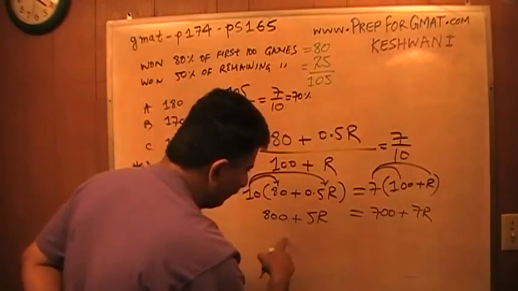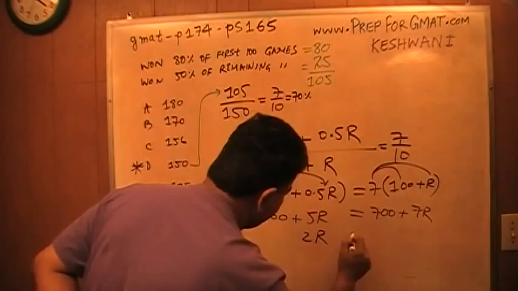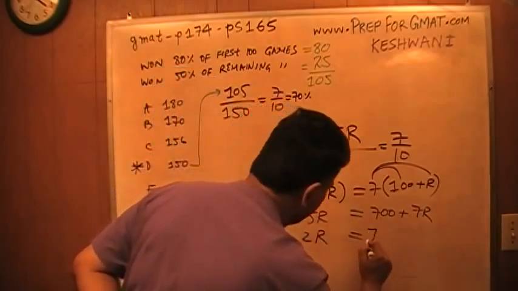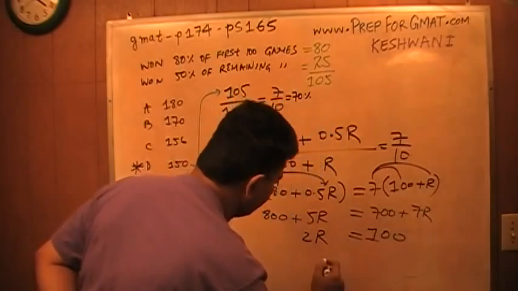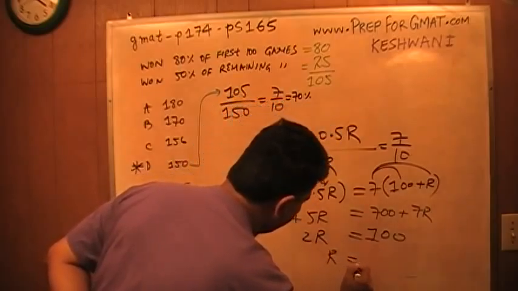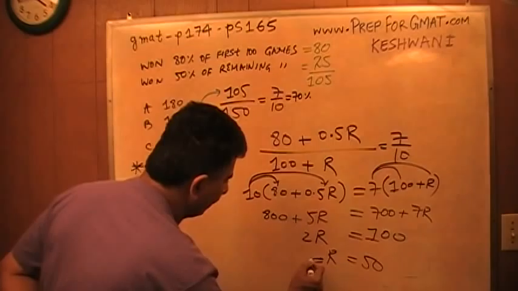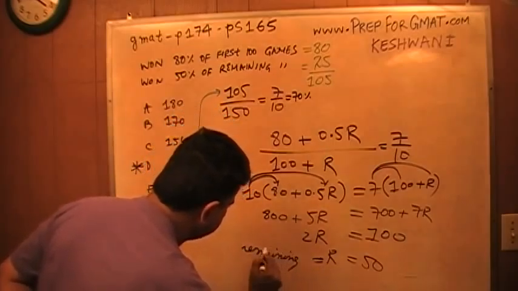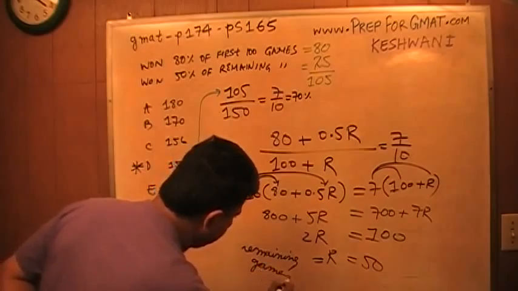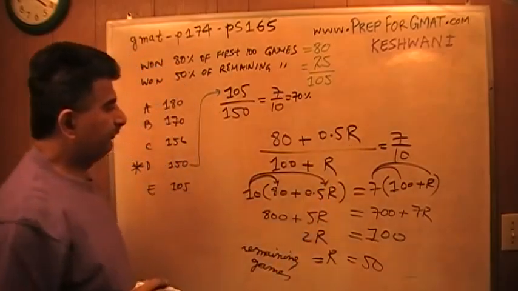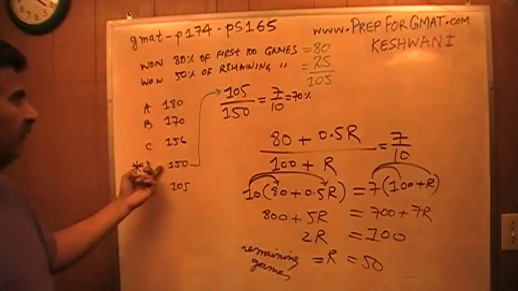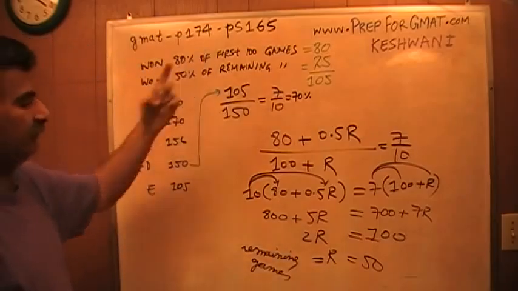Subtract 5 R's from both sides and you're going to end up with 2 R's, and then subtract 700 from both sides: 2 R's equals 50, so 2R equals 100, and R equals 50. R was our remaining games. And since the remaining games is 50, altogether they played 150 games because we are told that they won 80% of the first 100 games.